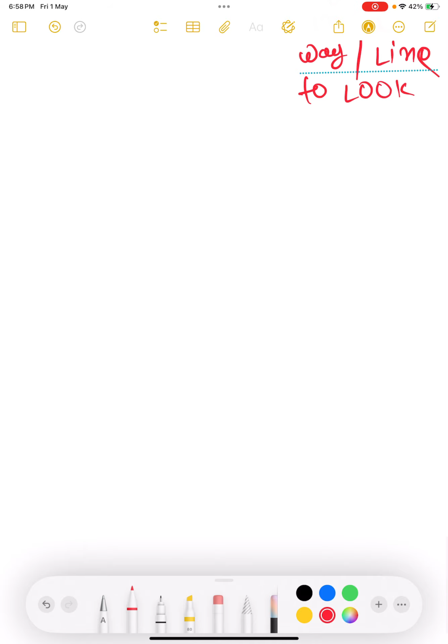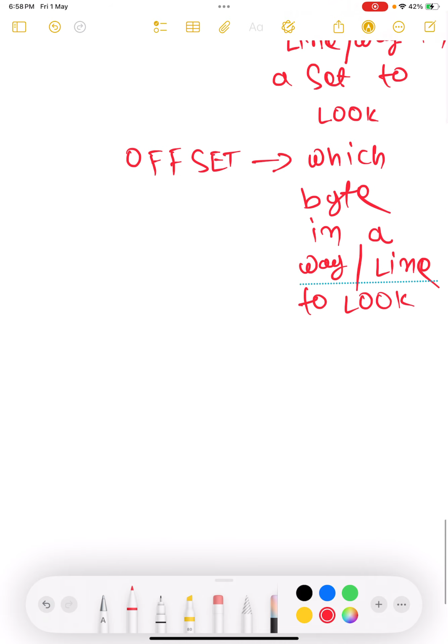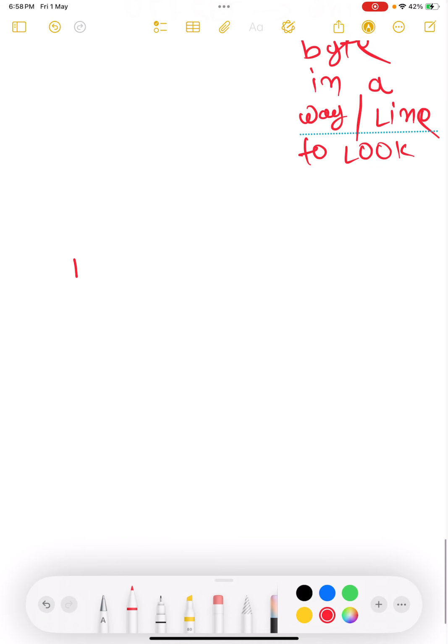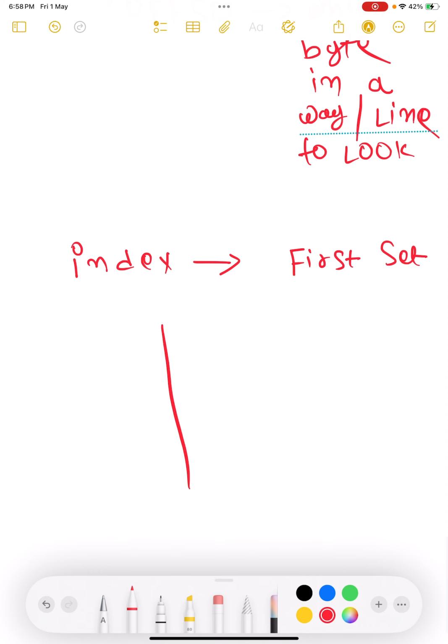So now guys, let us suppose that by the knowledge of the index, the index told you to select the first set, so you went to the cache and started looking at set 0.